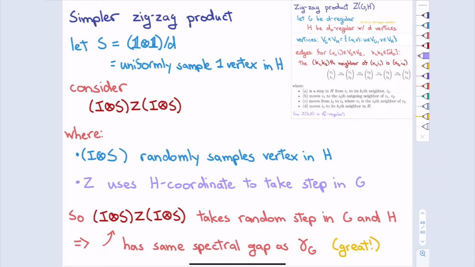All right. But that really means, how fast does the random walk mix? What's the spectral gap? On the H side, you're just always at the stationary distribution. It's always uniformly random. So you're really just completely bound by the G side.